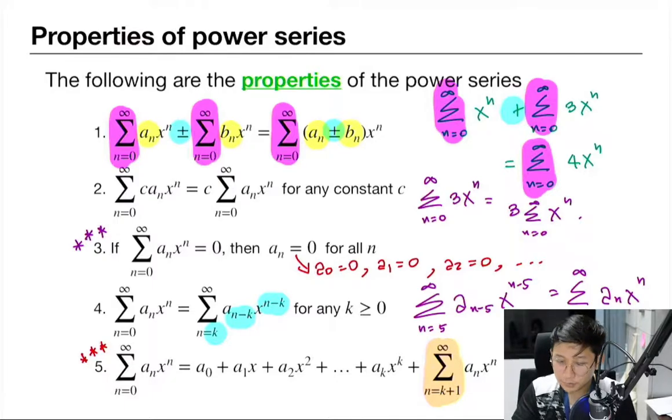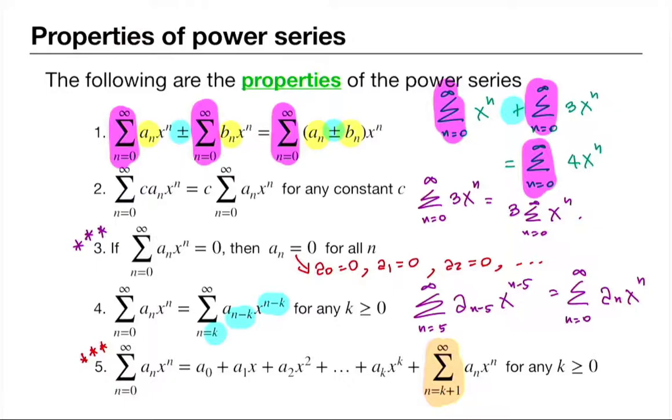For example, you can write summation n from 0 to infinity of n x to the n. That would be 0 plus, when n is 0, n x to the n is 0, right? And then it's 1x to the 1 plus 2x to the 2 plus 3x to the 3.